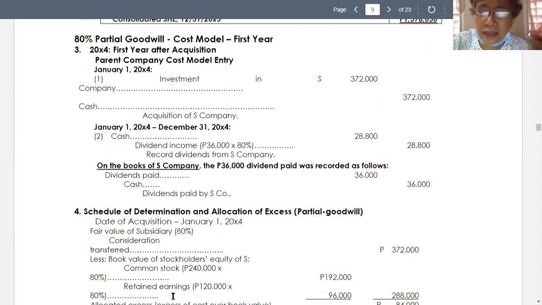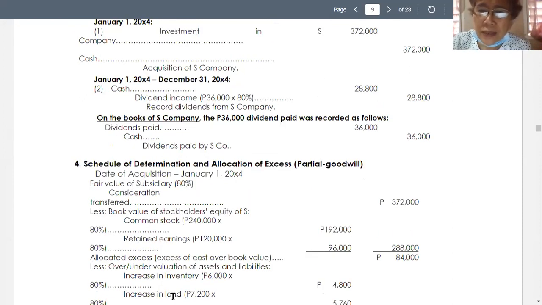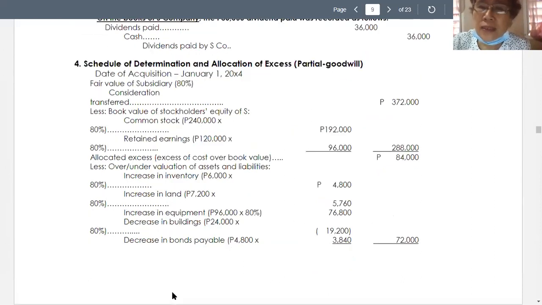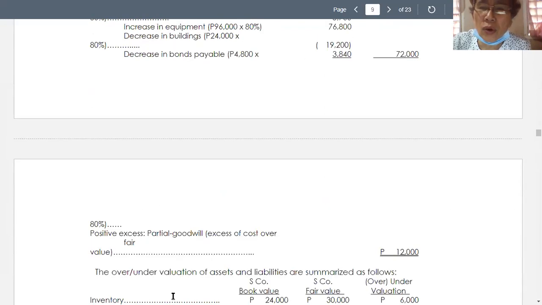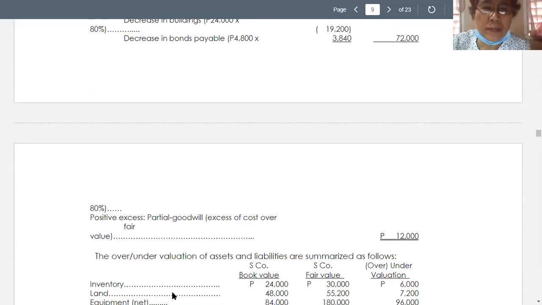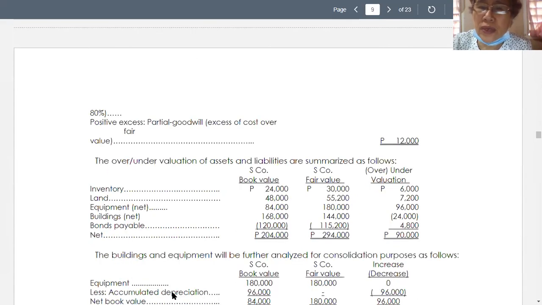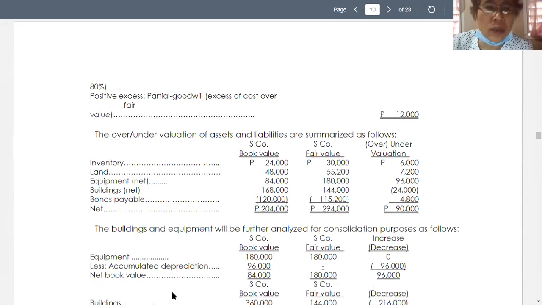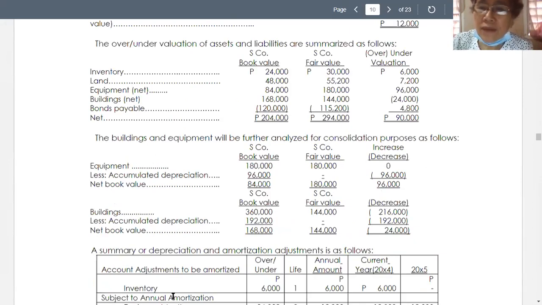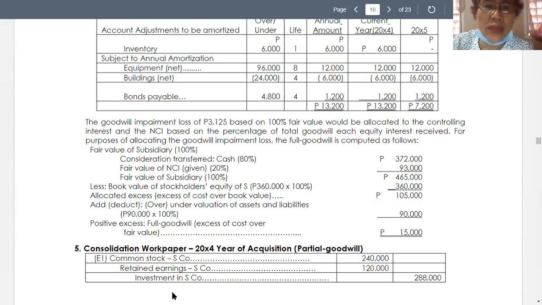And for that allocated excess of 84,000, we have the breakdown again: 72,000 for the overvaluation, so we have the positive partial goodwill in the amount of 12,000. We now involve these figures, and I know that you are already familiar with this in our requirement 1B.